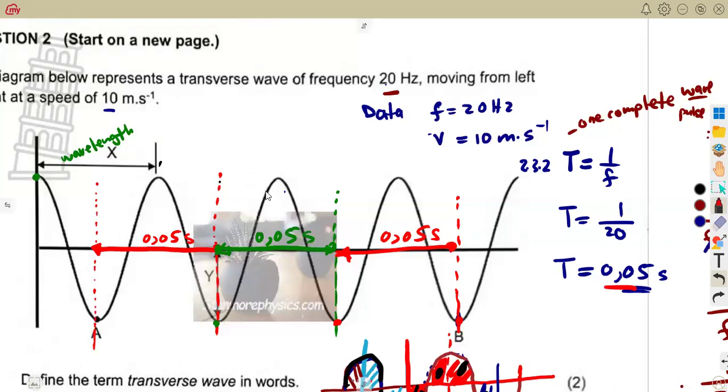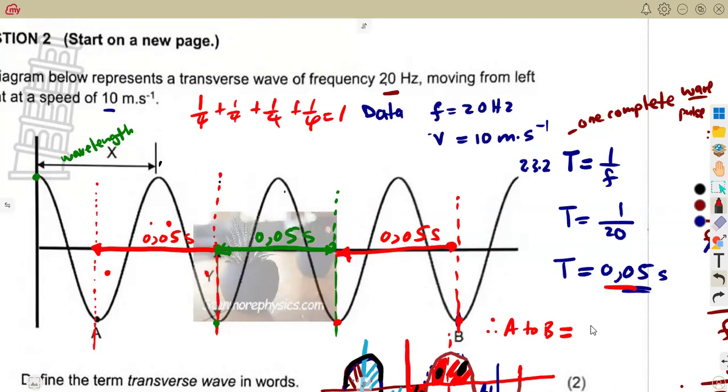The time taken for one complete wave pulse, when it is complete, that is, we've got these 1 over 4, 4 of them, they are complete when they are 4 of them because it will give us 1. So we've got a quarter, a quarter, a quarter, a quarter. That's a cycle. So meaning to say, therefore, the time taken from A to B was going to be equal to what? 0.05 plus 0.05 plus 0.05.